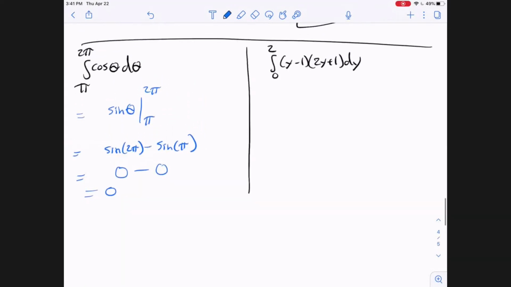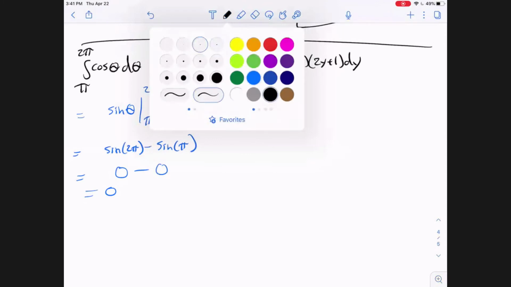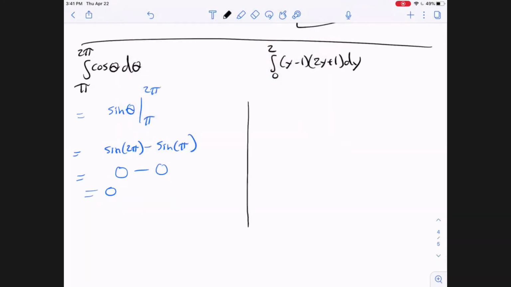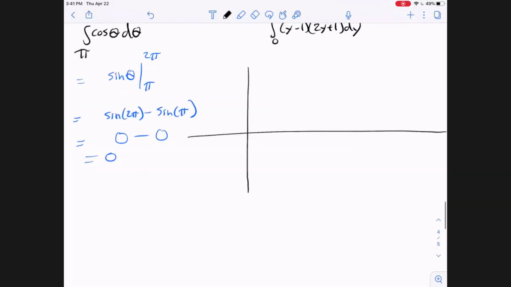So here's what happened here, by the way. How can the area be 0? Let me explain why. Let me show you the graph of cosine of theta. This is pi over 2.